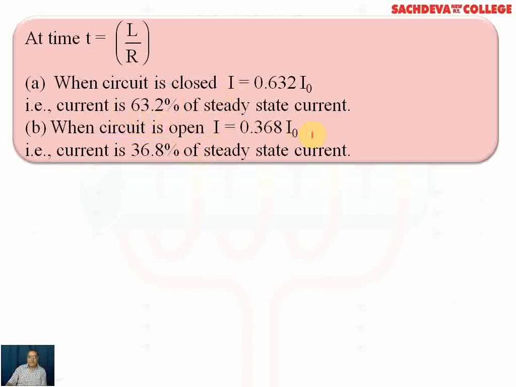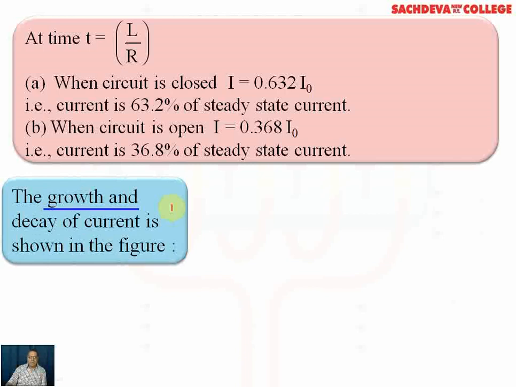Therefore, the current is nearly 36.8%, or very approximately 37% of the steady state current, because 0.8 is significant, more than 0.5.